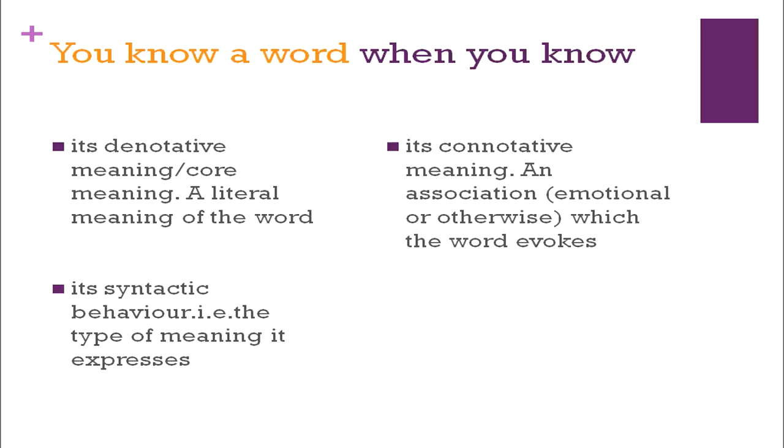You know a word when you know its denotative meaning. Denotative meaning means core meaning, the literal meaning of the word. Generally we think vocabulary is only word meanings. That is not so. It has connotative meaning also and association. Some meanings are associated meanings, emotional or otherwise, which the word evokes.